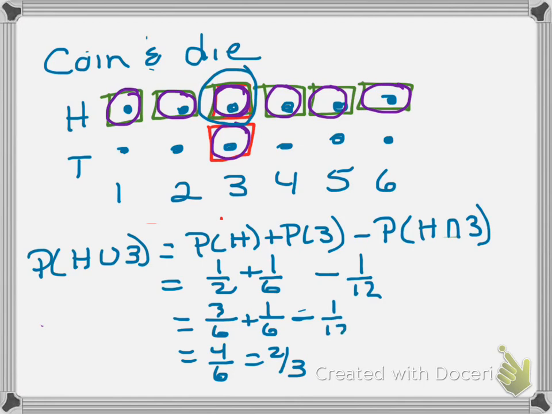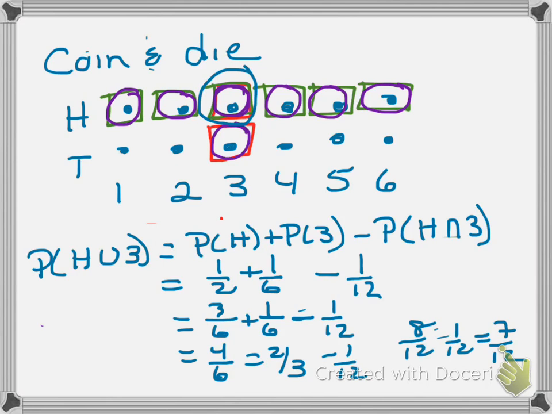So minus 1/12. If I put everything in terms of 12s, 8/12 minus 1/12 gives me 7/12, which is the answer I got the first time. You have to subtract.